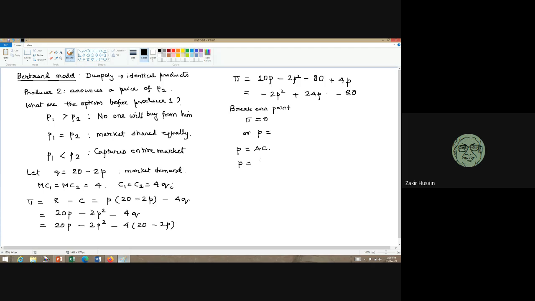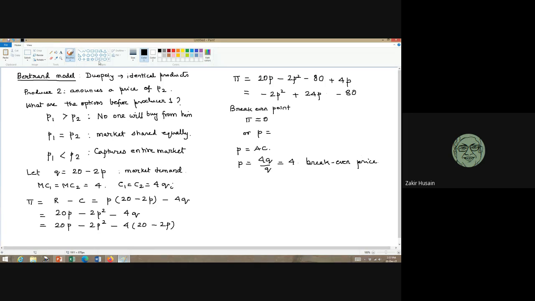Average cost is 4Q by Q, so price will be 4. This is the break-even price. So that means if your price is 4 rupees, the firm will not earn any profit.